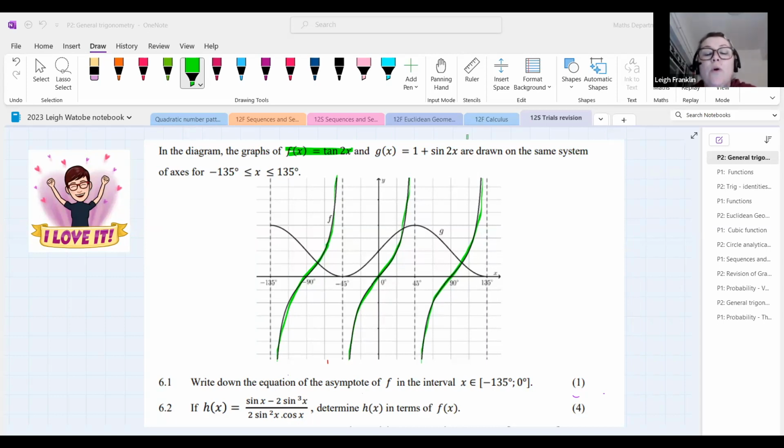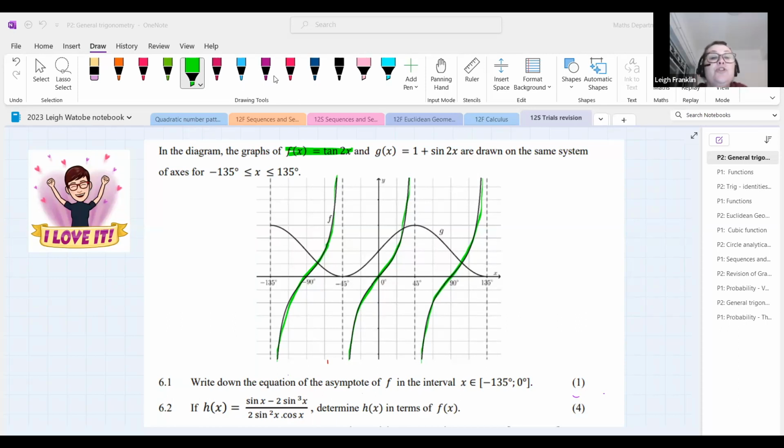Can you see what that's done? Instead of having our amplitudes at 90, we've now got our amplitude at 45, half of 90. The graph is repeating itself every 90 degrees instead of every 180. We've now got an asymptote at 135 when normally it would have been 270. Yes, correct, Penga.